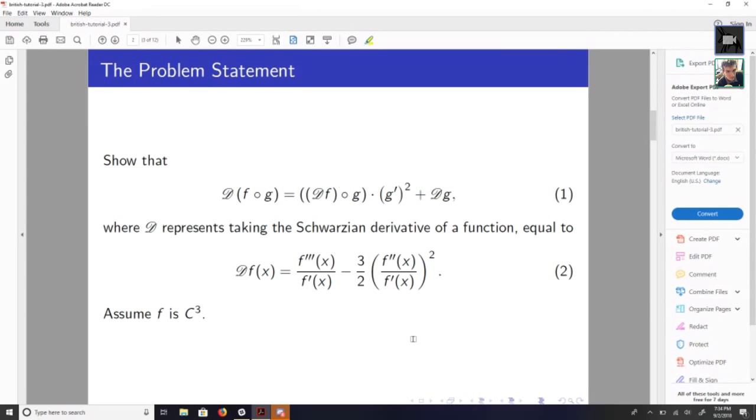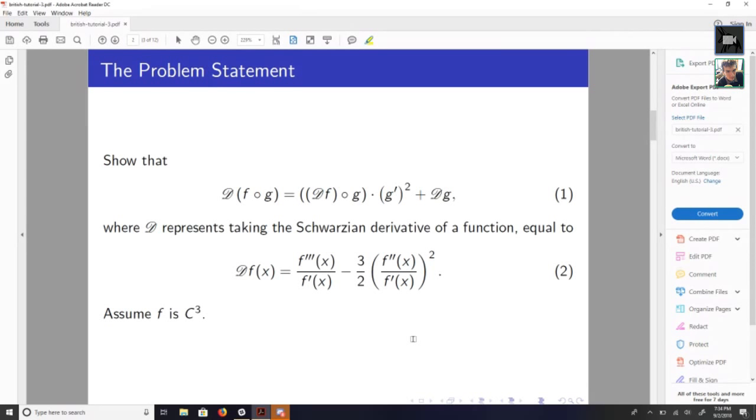If x has units of something else, I don't know, joules or coulombs or whatever, it will be 1 over that unit squared. The way to see that very easily is to just look at equation 2 and count the number of primes upstairs and downstairs in each factor. The number of primes is going to give you the number of units of inverse x.